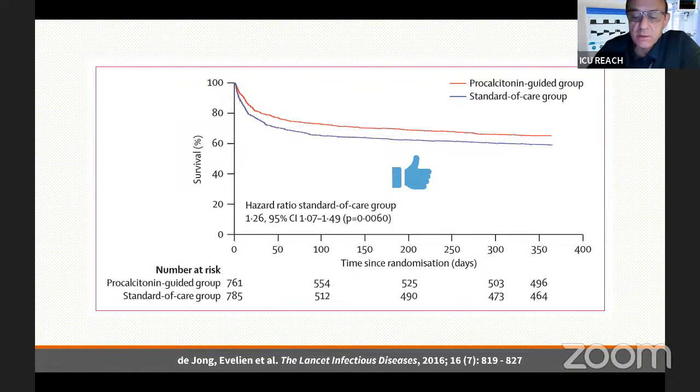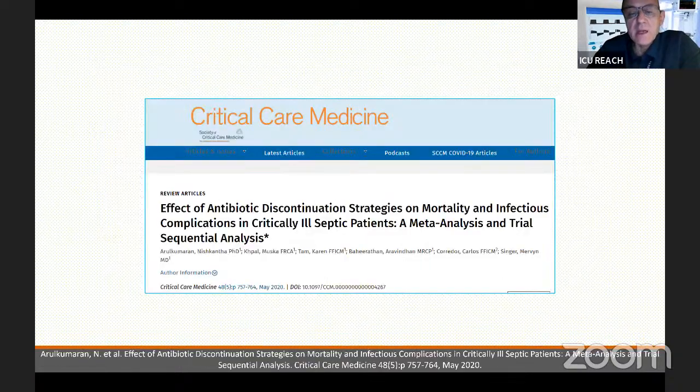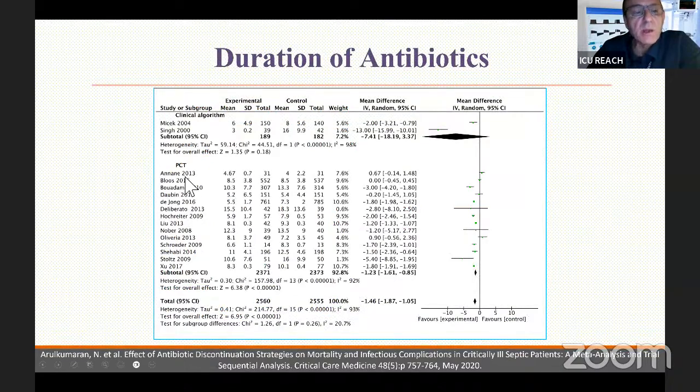And the meta-analysis that was published in the Critical Care Medicine journal looked at multiple studies put together, comparing procalcitonin as a guide to stop antibiotics with control.